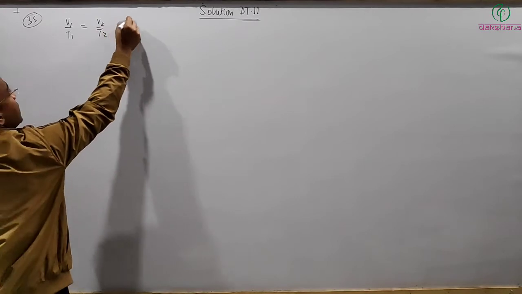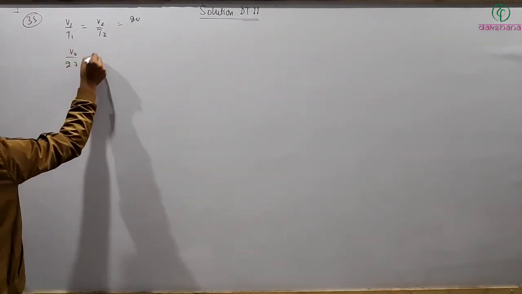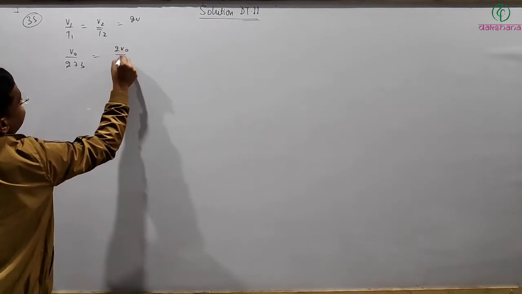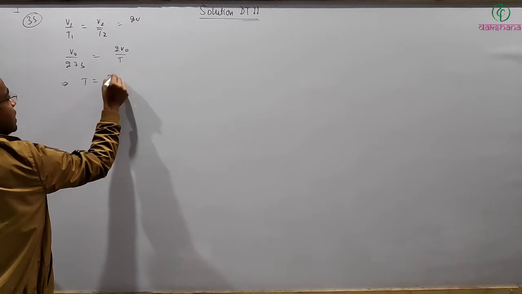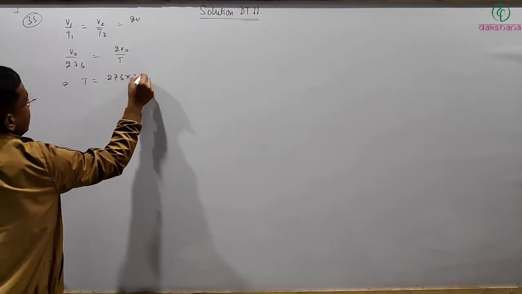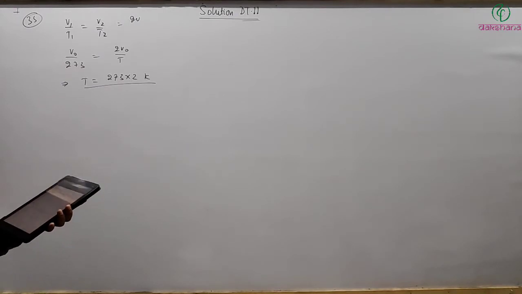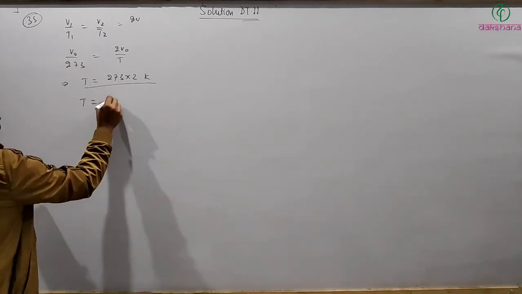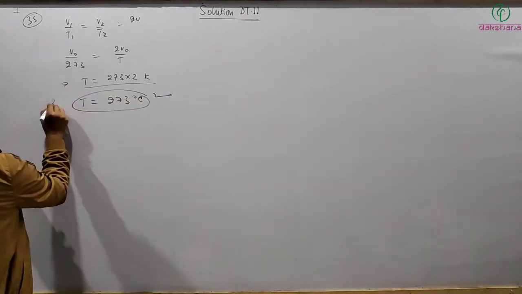Volume doubles, so 2V0 over T; this V0 is at 273. This comes out to be T equal to 273 multiplied by 2 Kelvin. Since it was asked in degrees Celsius, T is equal to 273 degrees Celsius. Answer matching with option number 3.